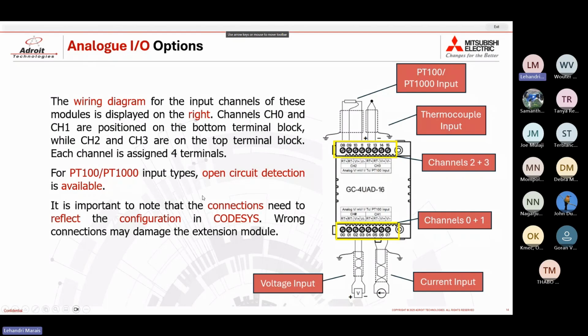So for your temperature inputs as well as your 4 to 20 milliamp inputs, you also have open circuit detection available, and the value reflected in the case of this error can be configured in CODESYS.